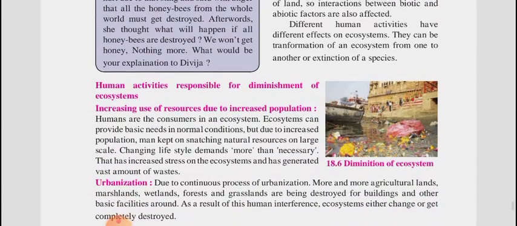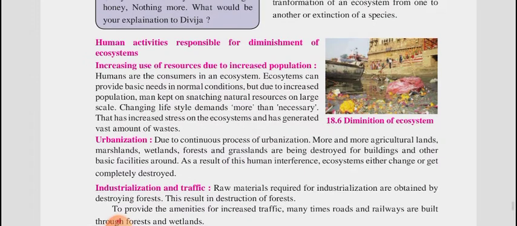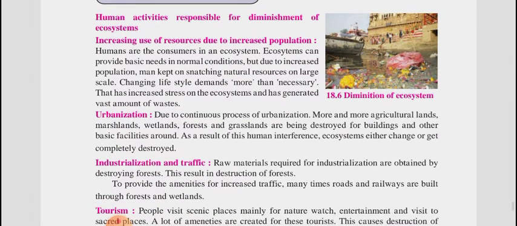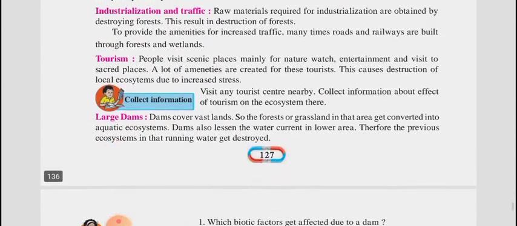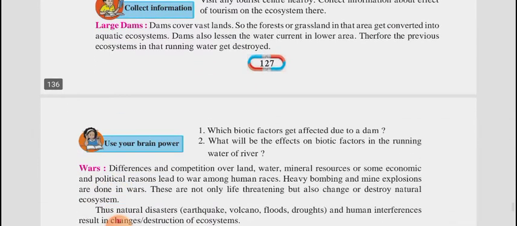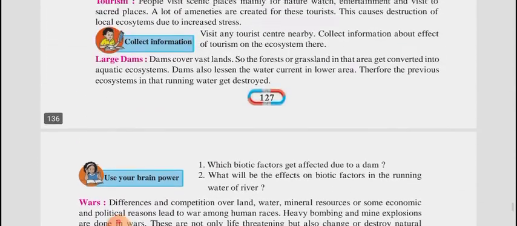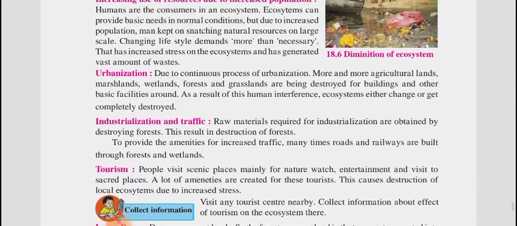Human activities are responsible for the diminishment of ecosystem. Likewise, increasing use of resources due to increased population, urbanization, industrialization and traffic, tourism, large dams, and wars are all factors affecting the diminishment of ecosystem.